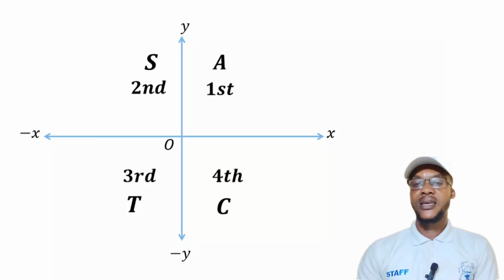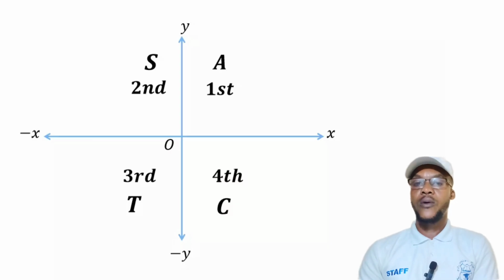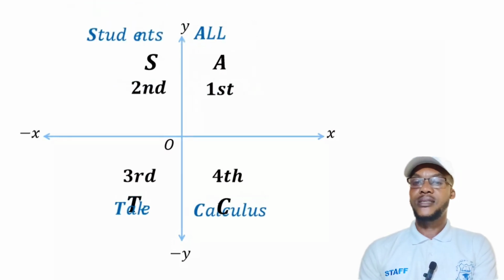Then what about A? Someone may be arguing, if we know all this, then what about A? So A, for the meantime, we say it stands for A-L-L, or. We'll explain why we are saying or. And then we can also use All Students Take Calculus. So let me distribute and see where each of the words will go.